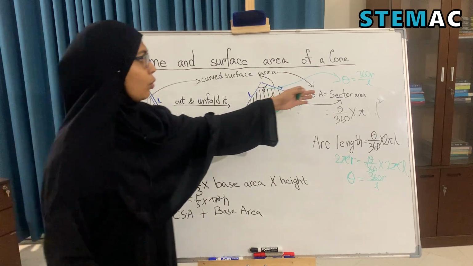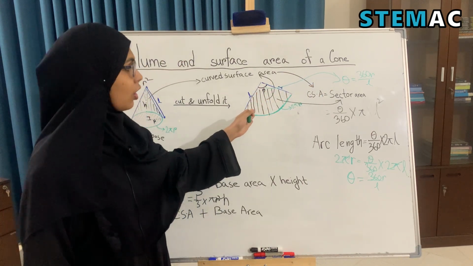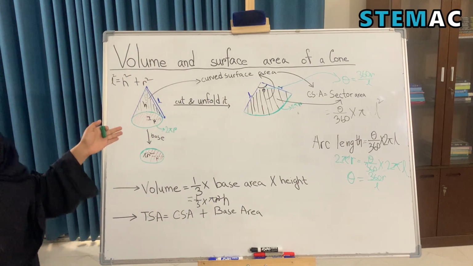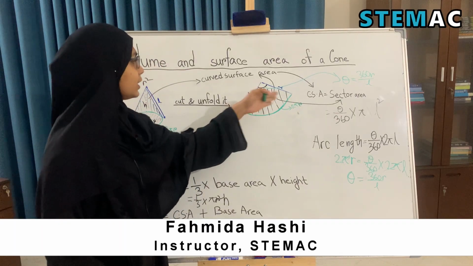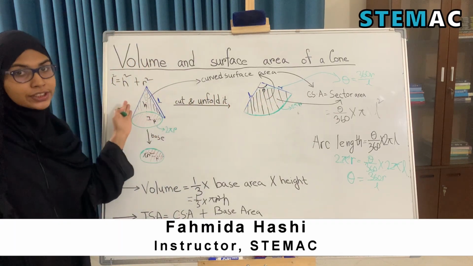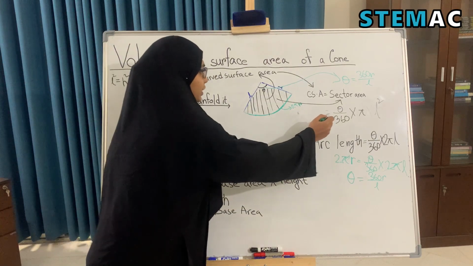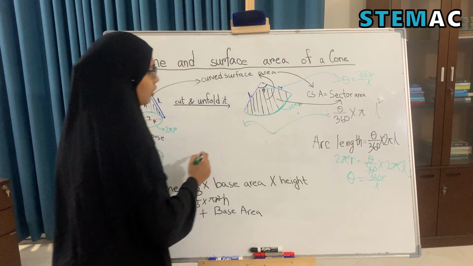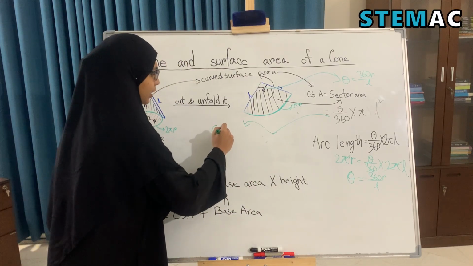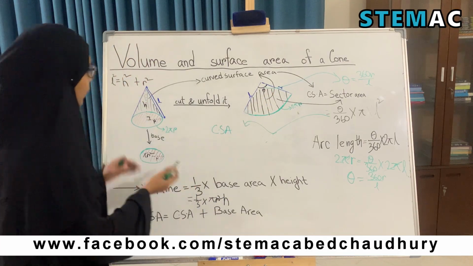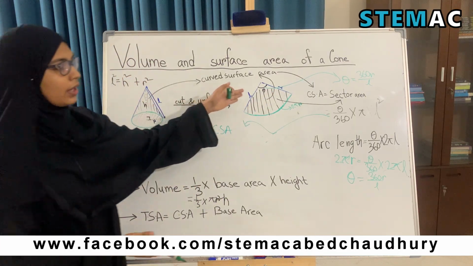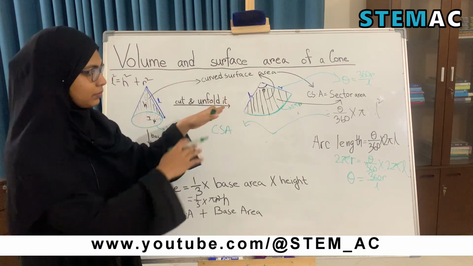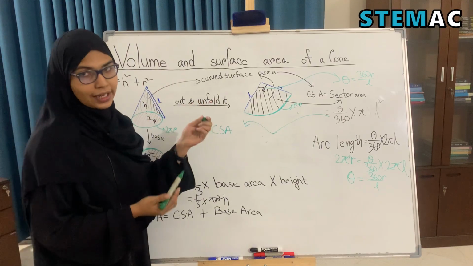So now that we know the theta for this sector of circle obtained from unfolding the cone, we can find the sector area and hence the curved surface area of the cone. The curved surface area is the same as the sector area, because after unfolding the cone we are getting a sector like this.